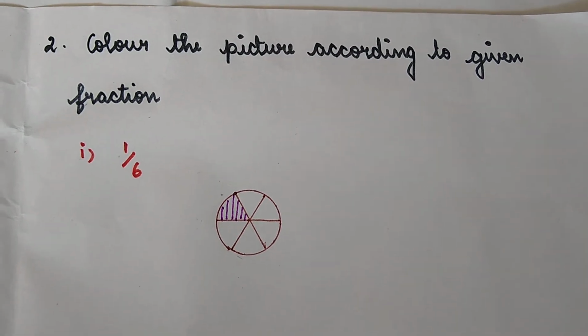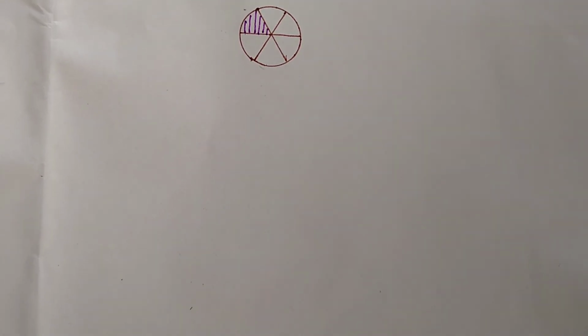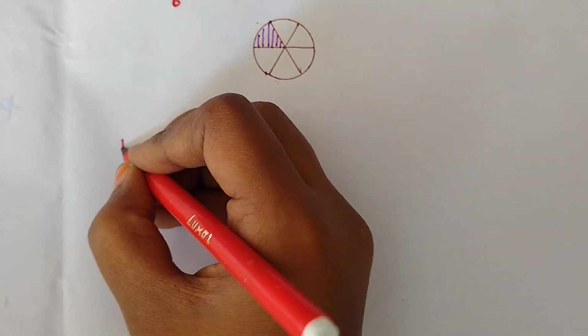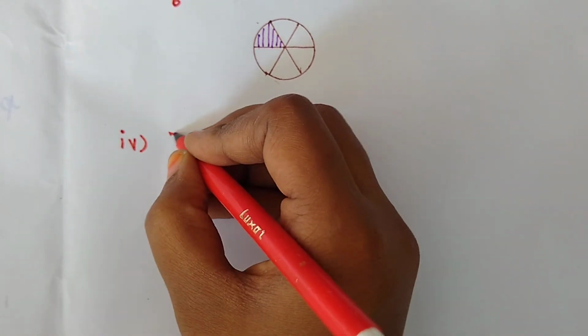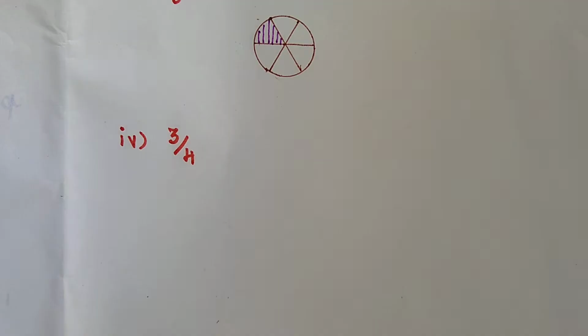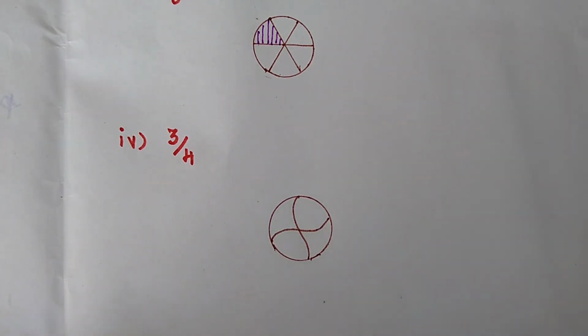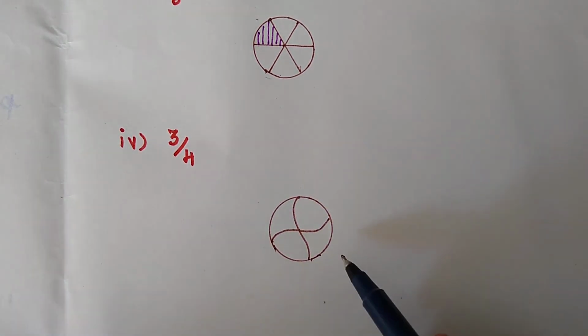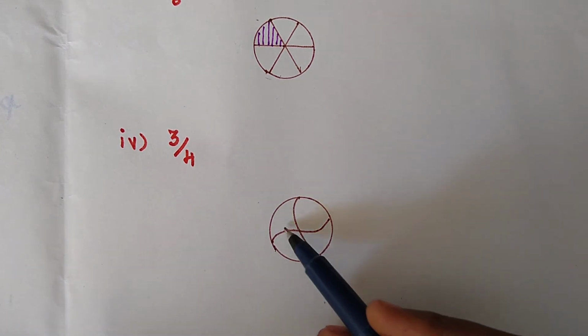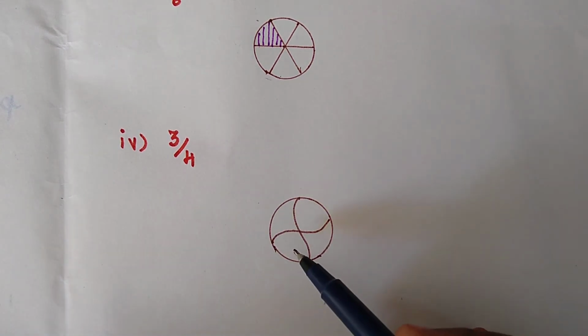Next, we move to the fourth subdivision. The fourth one is 3 by 4. Here, see this sum. The total number of parts is 4: 1, 2, 3, 4.